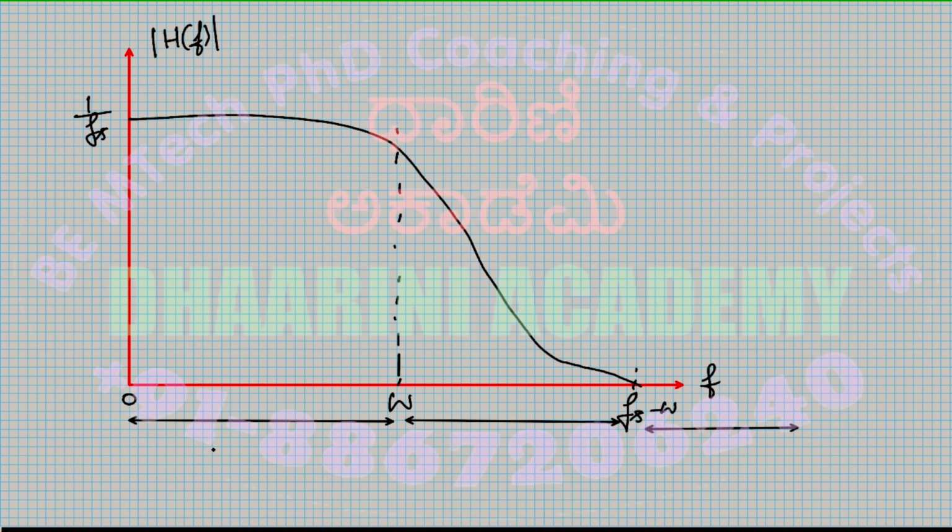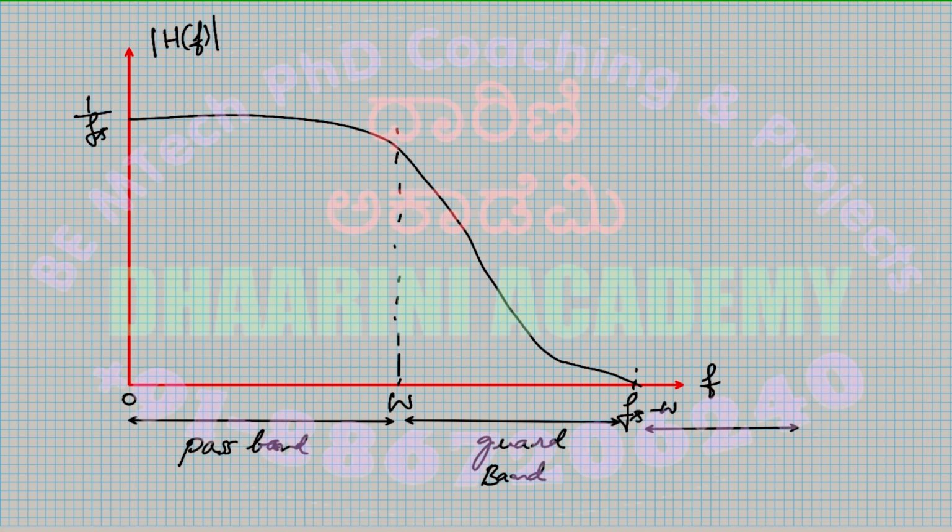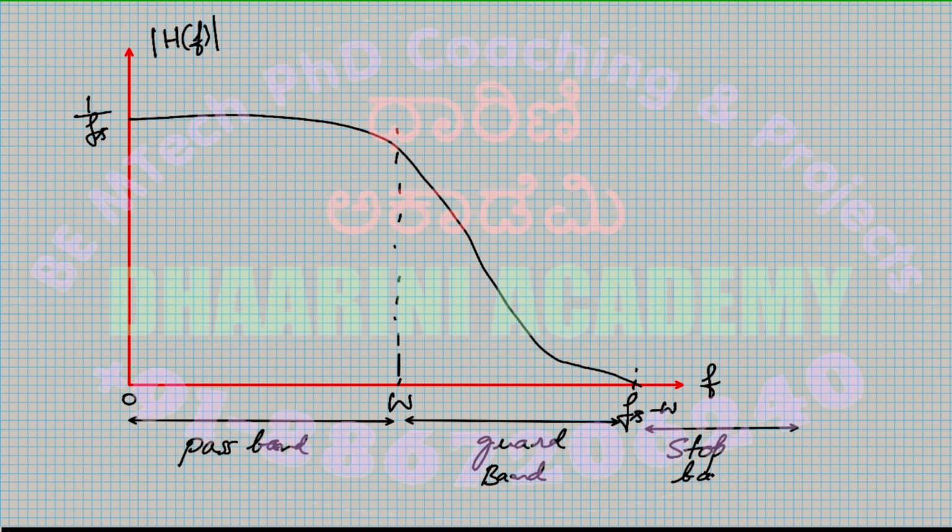So this is the pass band of the filter. Then we have the guard band in this case, but generally this is called the transition band, where the pass band to stop band transition takes place in the filter's response. After the guard band, we get the stop band, where the amplitude is close to zero.